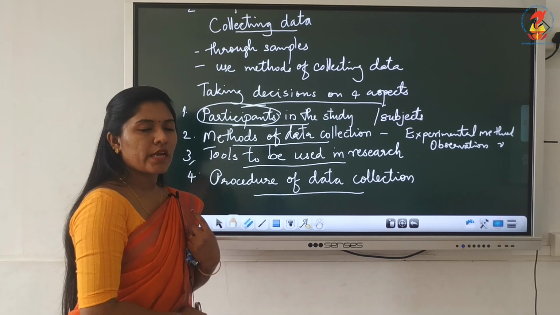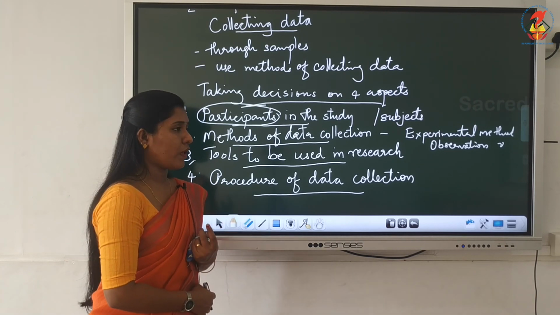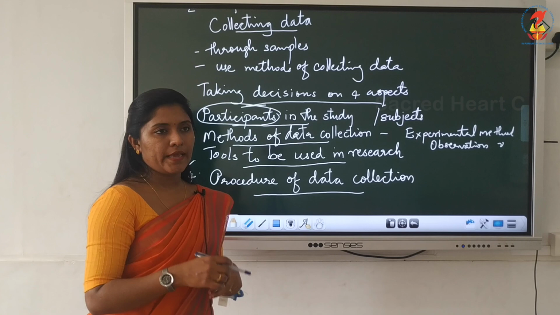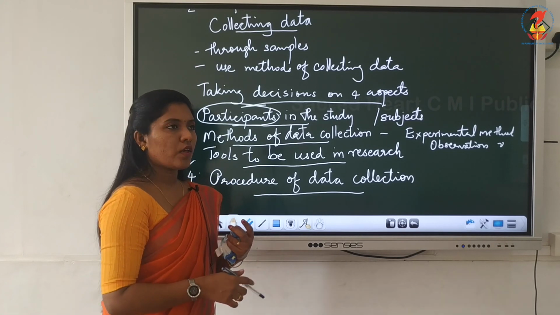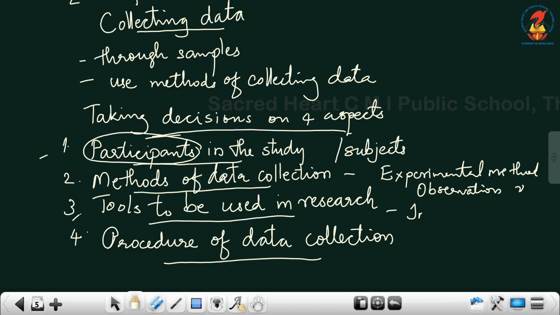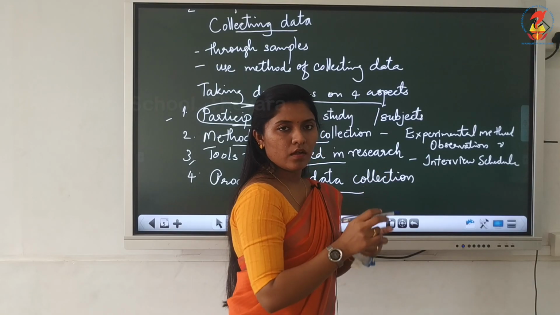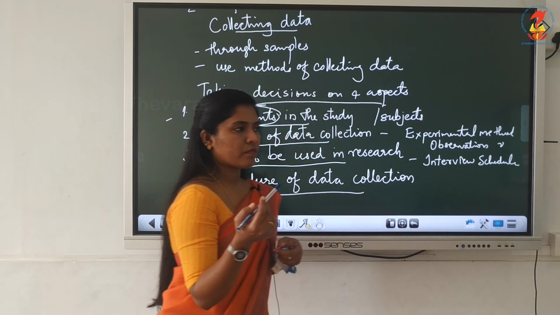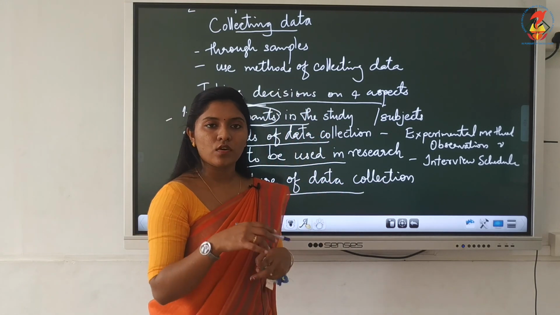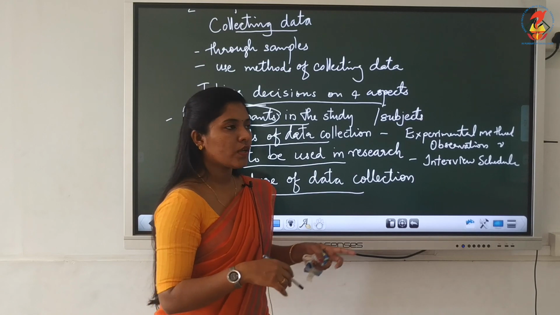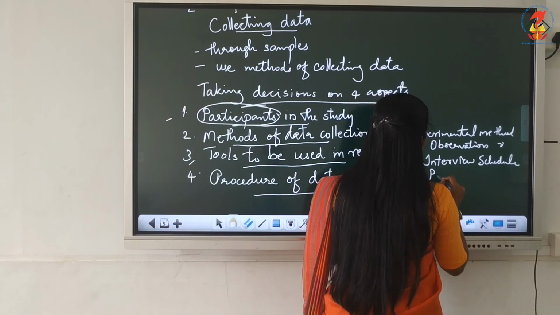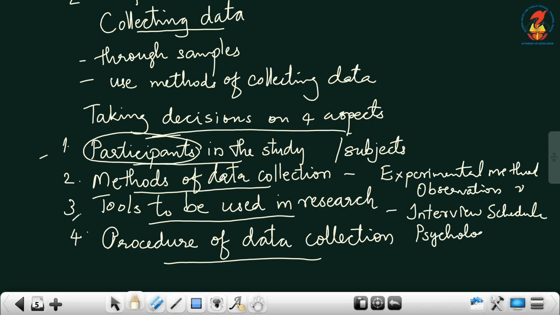Now the third one is tools to be used in research. What are tools? Which tools are you using? Maybe you are going to interview the participants, then you have to prepare an interview schedule. This interview schedule is your tool. Or you are conducting some projective test or psychological test for this research, then that test is your tool.